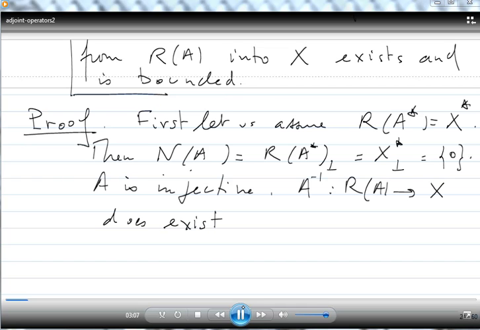That's the first part. For the second part, let us prove that A inverse is continuous or bounded.